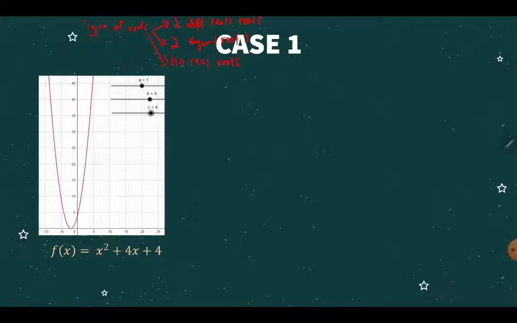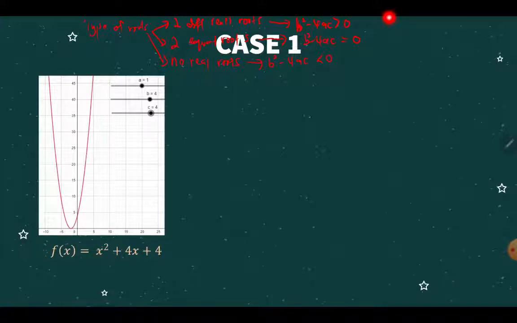When we talk about type of roots, we will relate it with b squared minus 4ac, the discriminant. For 2 different real roots, b squared minus 4ac must be greater than 0. For 2 equal roots, the discriminant must be equal to 0. And for no real roots, b squared minus 4ac must be less than 0.